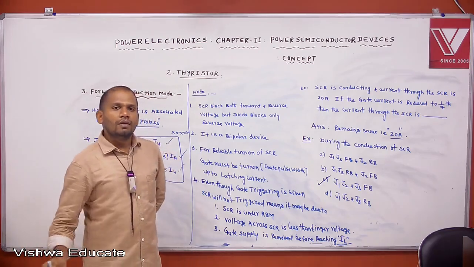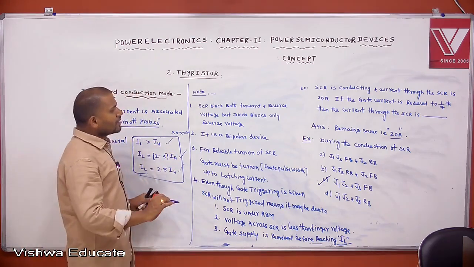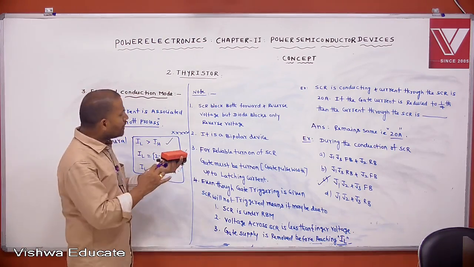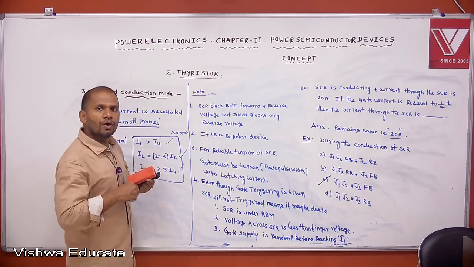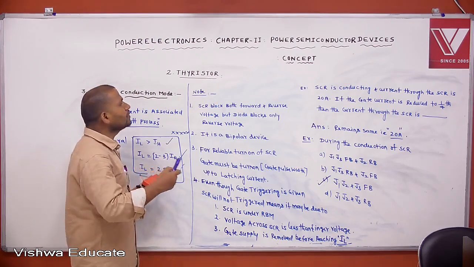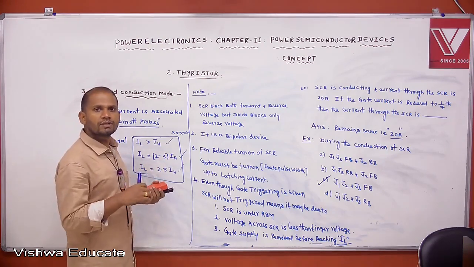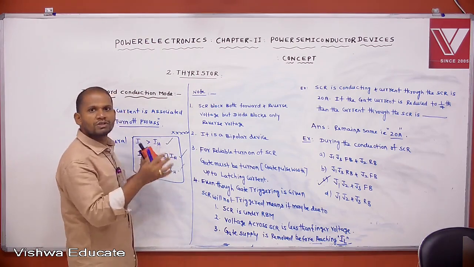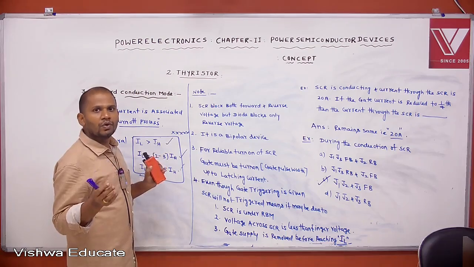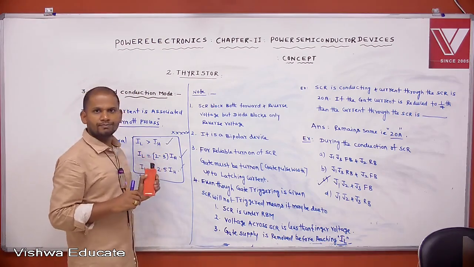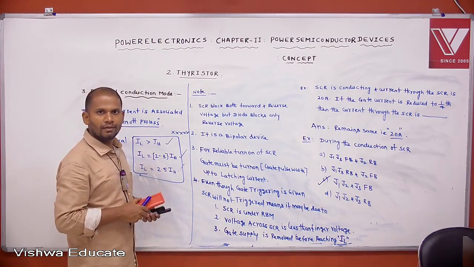Based on this concept, in the next session we will see some classroom workbook questions. Then you go for another concept with respect to thyristor. I want to discuss how the questions are framed in various competitive exams. Okay, then you go for another concept. Okay, understood?